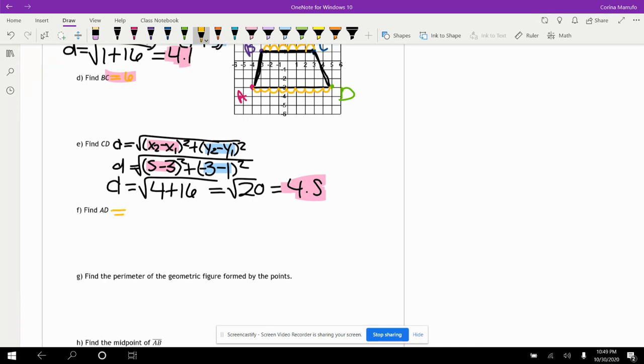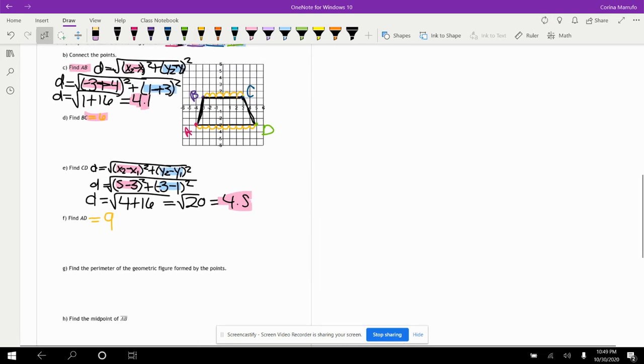Okay, it asks us to find the perimeter of the geometric figure formed by the points. So we're going to have to use the 4 distances that we found. We're going to add them all up. So we have perimeter equals, the first side that we found was 4.1, and we found 6, then we found 4.5, and then 9.